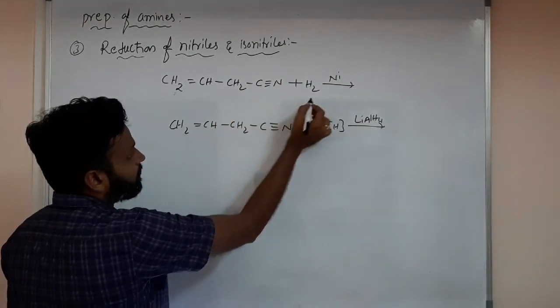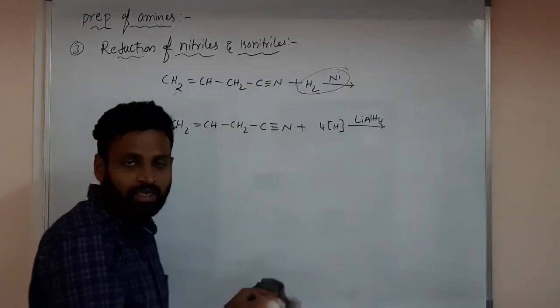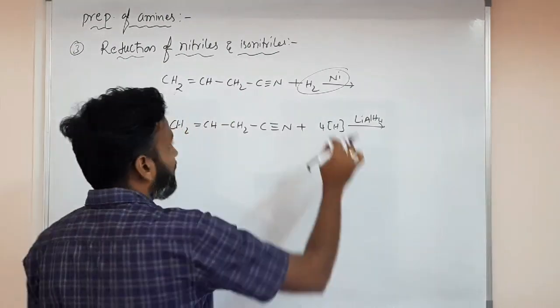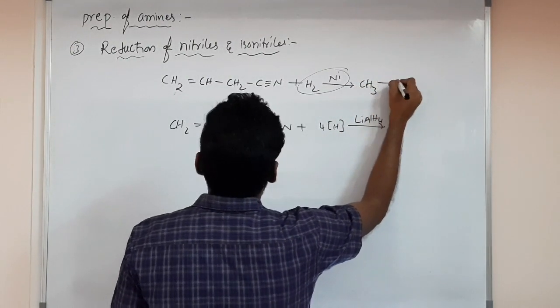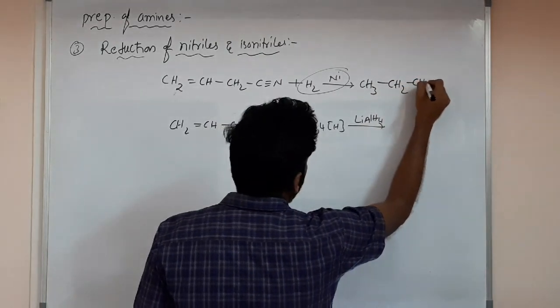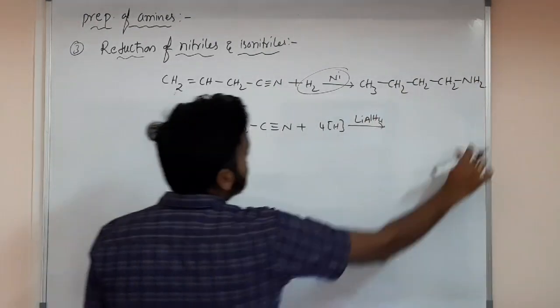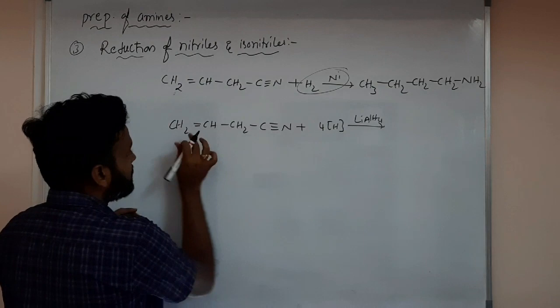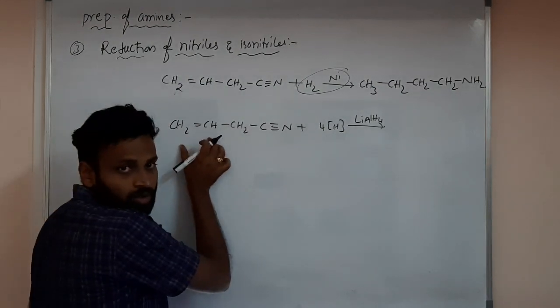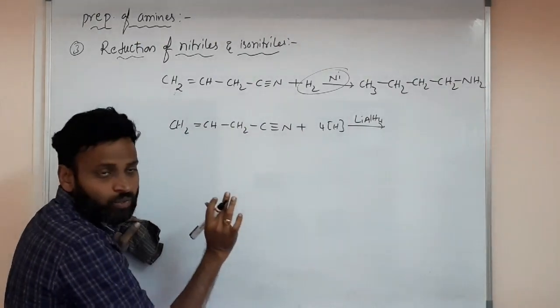Just here, when you are using H2 by nickel, all types of unsaturation will break, meaning a completely saturated product will come. That means CH3, CH2, CH2, CH2, NH2. There is no unsaturation in that. But when you are using LiAlH4, C=C double bond and C triple bond C will not be reduced.